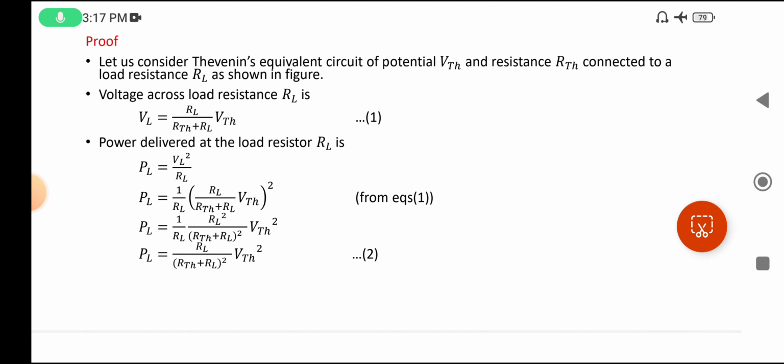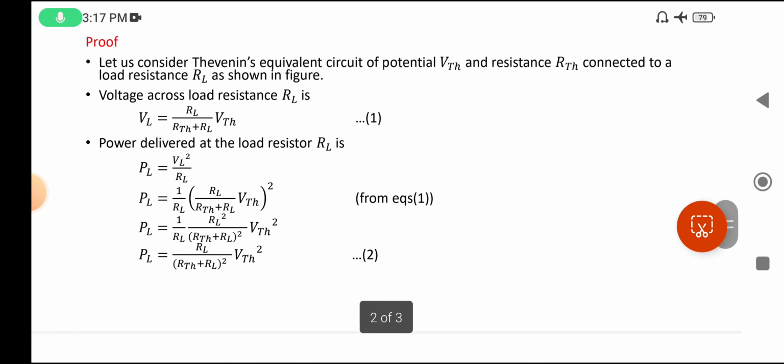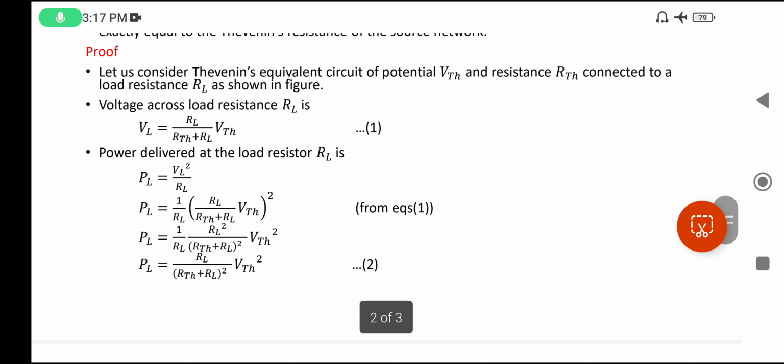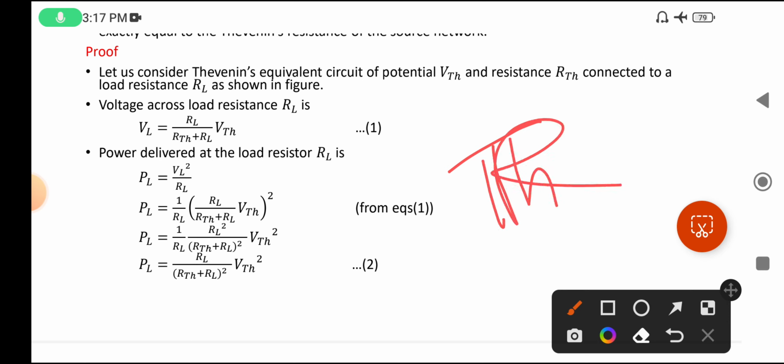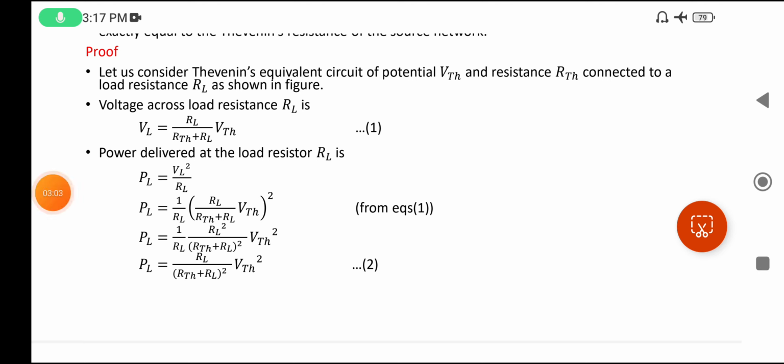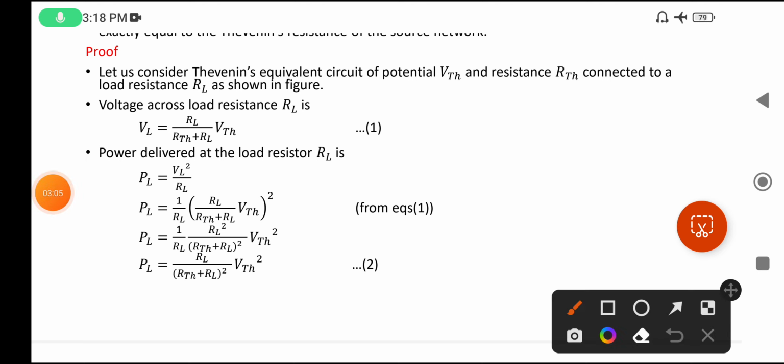So what is the potential division rule? The potential division rule explains to us the voltage across a resistance, either Thevenin resistance or whichever it is.